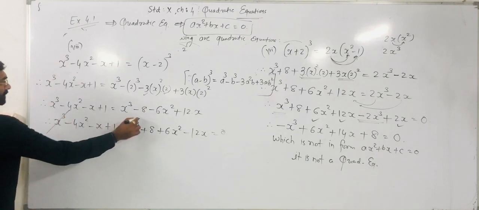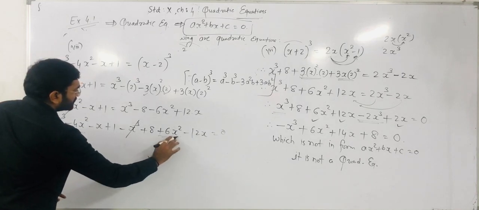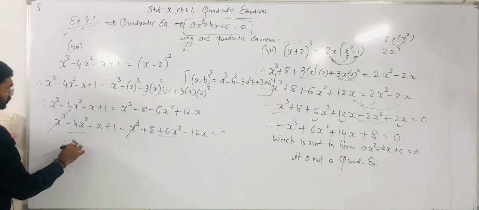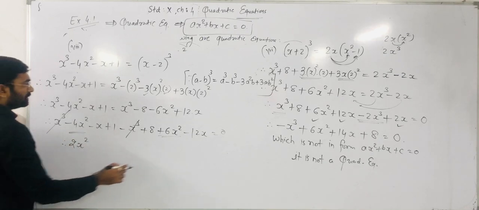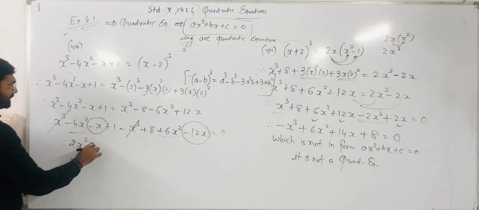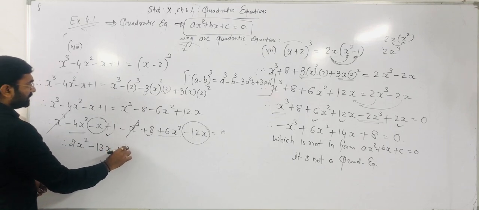So plus x cube minus x cube is cancelled out. Regarding x square terms, 6x square minus 4x square, so we get 2x square. Minus 12x minus x, so we get minus 13x. Plus 1 plus 8, so we get plus 9 is equal to 0.